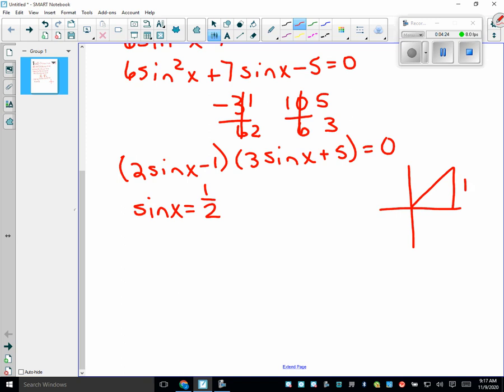That means this is 1, this is 2. What is this? Radical 3? No. Oh, sorry. Yeah. Pi over 6. So x is pi over 6, and what else? Quadrant 2. Do you all agree?